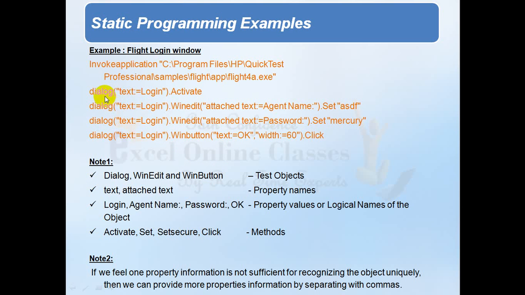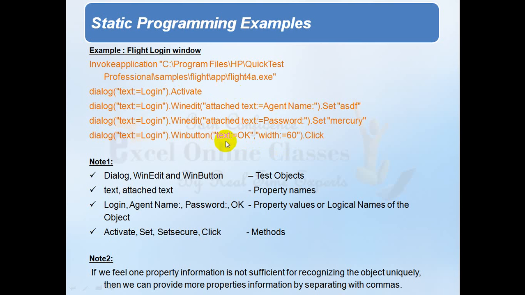Dialog, WinEdit, WinButton, all these are test objects, and text, attached text, text, all these are property names, and login, agent name, password, OK, these are property values.